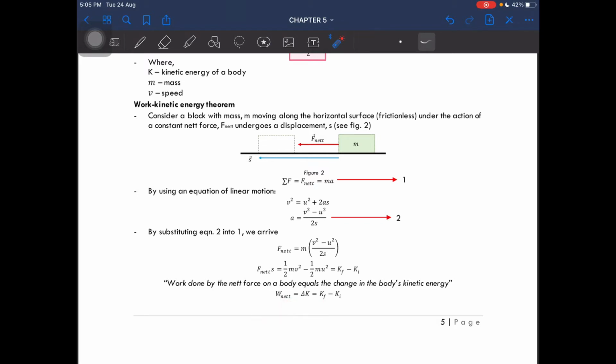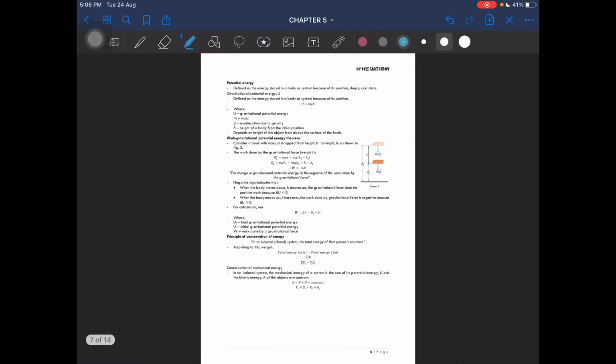If you want to know how we derive it, just read it through here. It's very simple. Basically the work kinetic energy theorem tells us that the work done by the net force is equal to the change in the body's kinetic energy. Keep in mind that this formula is very important because we will use it frequently in some of the questions.